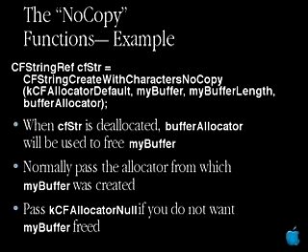So it looks like this. CFStringCreateWithCharactersNoCopy. The first allocator there, kCFAllocatorDefault, explains how the string itself should be allocated. Then you pass it a pointer to the characters that you have, myBuffer. You pass it the length of the buffer, and then finally you pass the buffer allocator. This allocator is what the string is going to use to manage the memory of myBuffer.